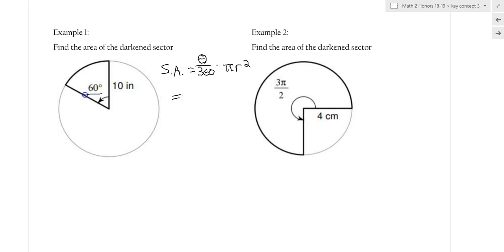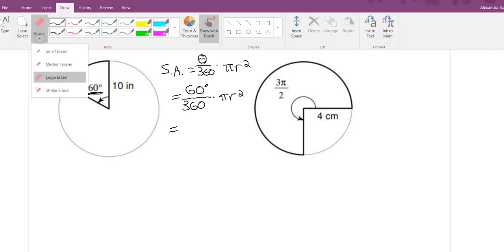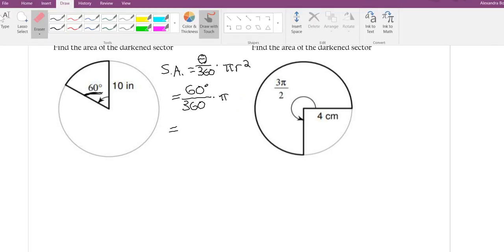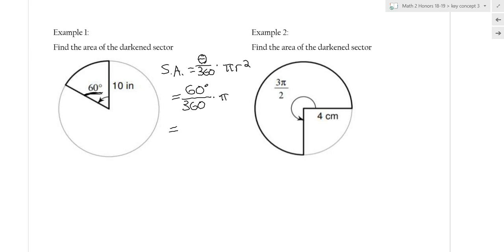My angle here is 60 degrees. Ooh, I don't know why I didn't put the r in. Pi times my radius, which is 10.